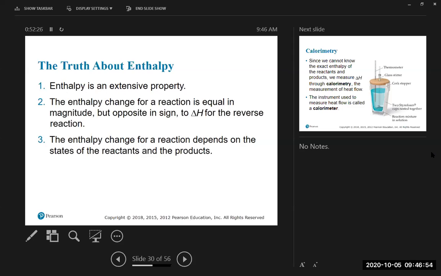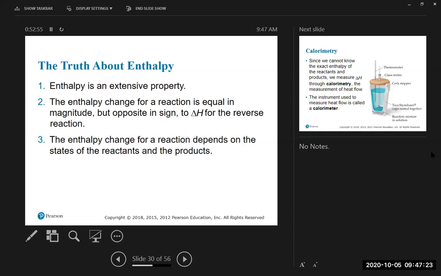Number two just says, for reactions, if you think about it, a lot of the reactions we have had the double arrow, right? Goes both ways. And it's just saying that if it's endothermic going one way, it's exothermic going the reverse way, and vice versa. That's all that's saying. And then finally, the last one, the enthalpy change depends on the states of the reactants and the products.